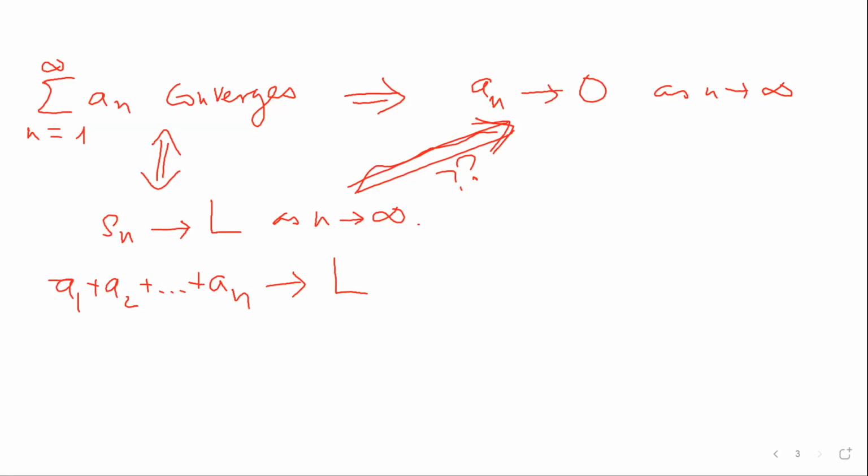Anyone knows how to deduce from this fact that a_n goes to 0?